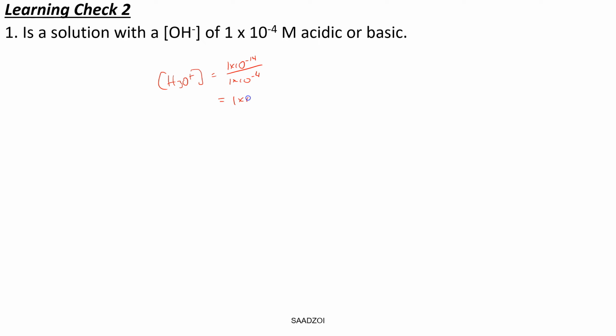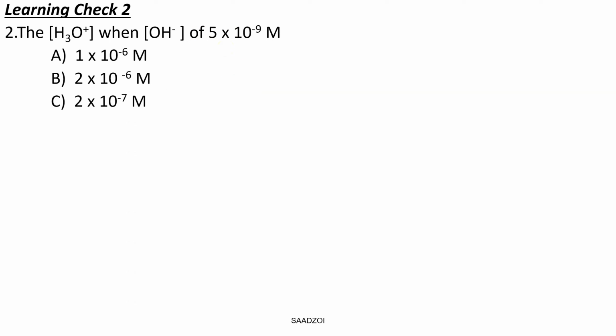So you get 1 times 10 to negative 10. So hydronium is negative 10. That's definitely smaller than negative 7, so you're definitely going to be basic, which you can determine without even doing the number crunching, right?